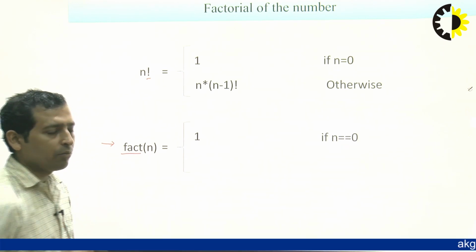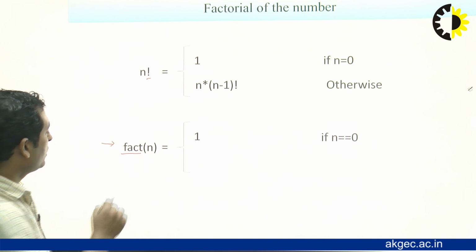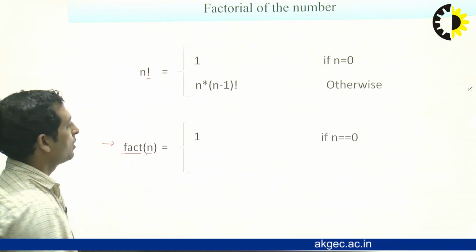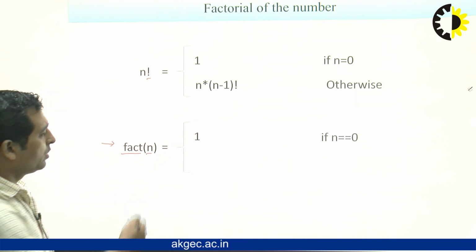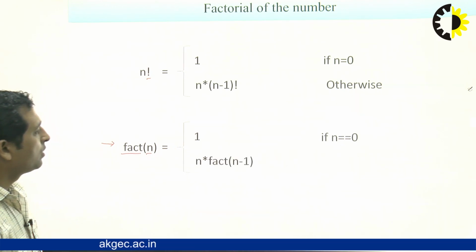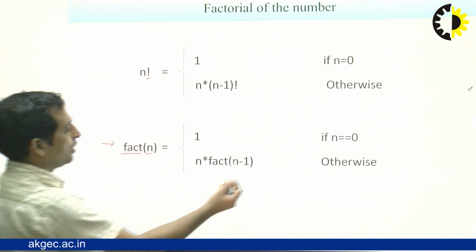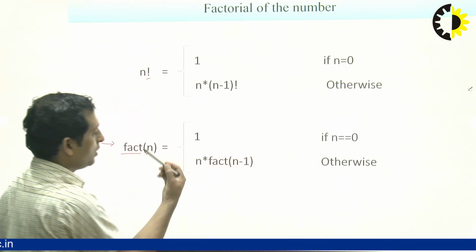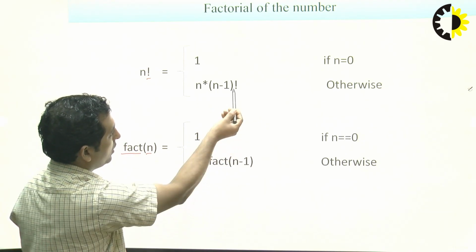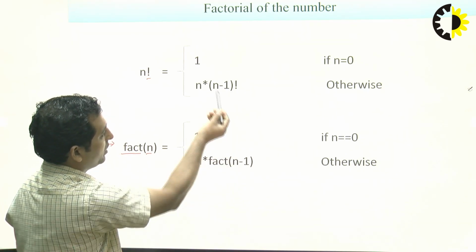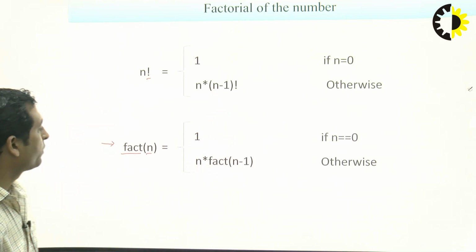Give it the name fact or any other name, and the parameter is n. So, if n equals 0, then 1, otherwise n into fact, and the parameter is n minus 1.